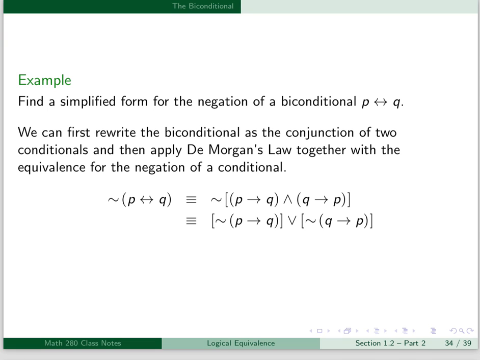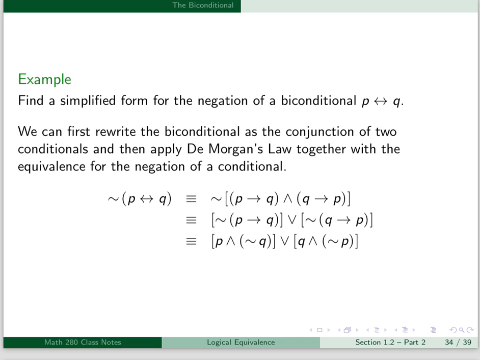Using De Morgan's law, this is equivalent to not P implies Q, or not Q implies P. Now we have the negation of two conditionals, and so this simplifies further to P and not Q, or Q and not P. And this gives us a formula for the negation of the biconditional.